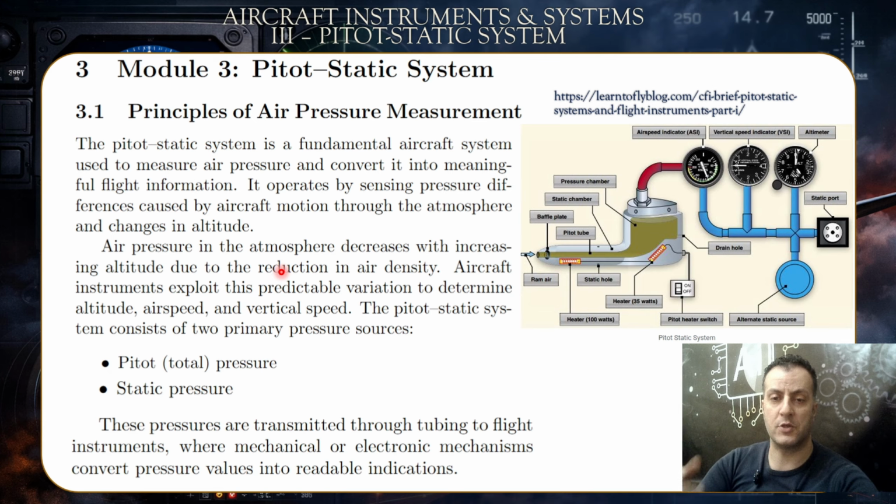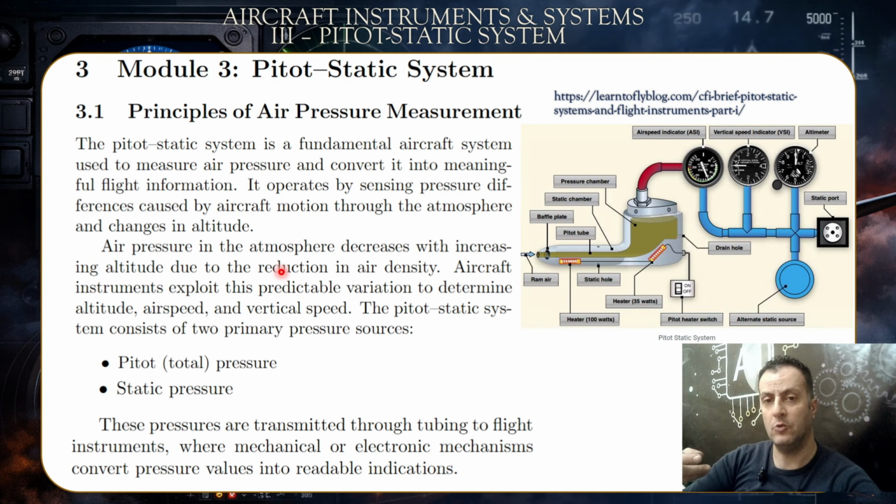Again, you have two forces in action here. You have gravity, which pulls the air downwards, and you have the centrifugal force, which is generated by the rotation of the Earth, which pulls everything outward.